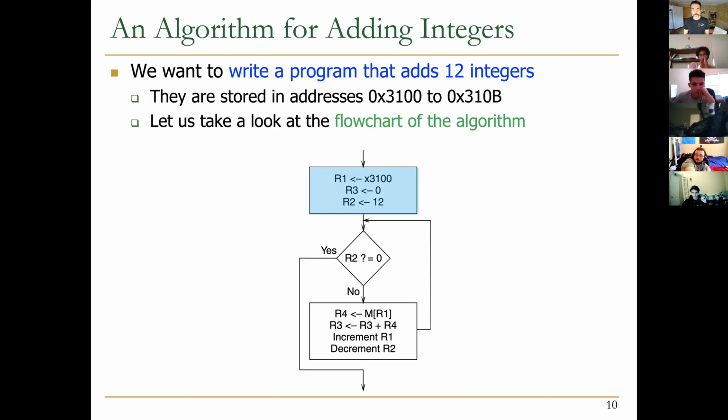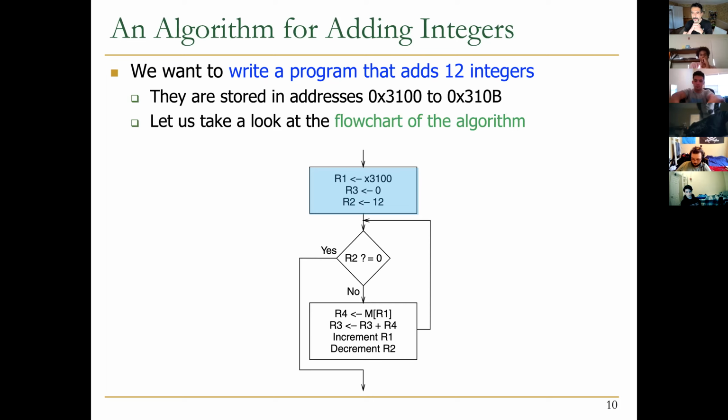You use R1 for assigning it the first address of the numbers. Basically, 3100 is the address of the first element in your array. So you initialize R1 with this address because you want to use it to read the memory addresses one by one.